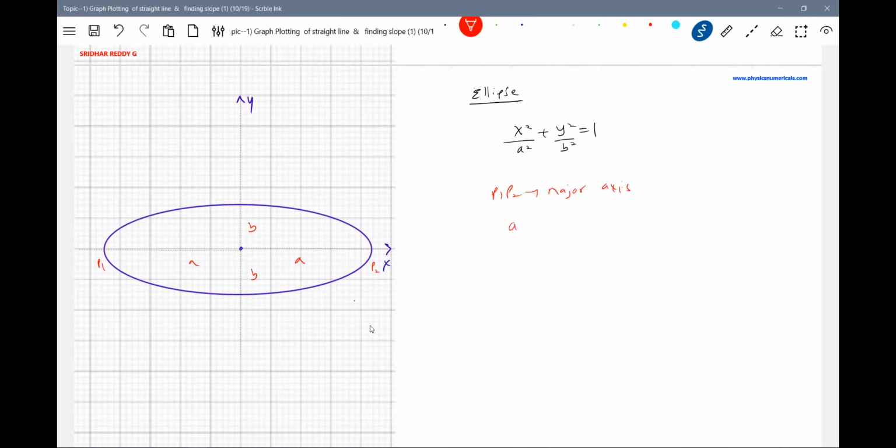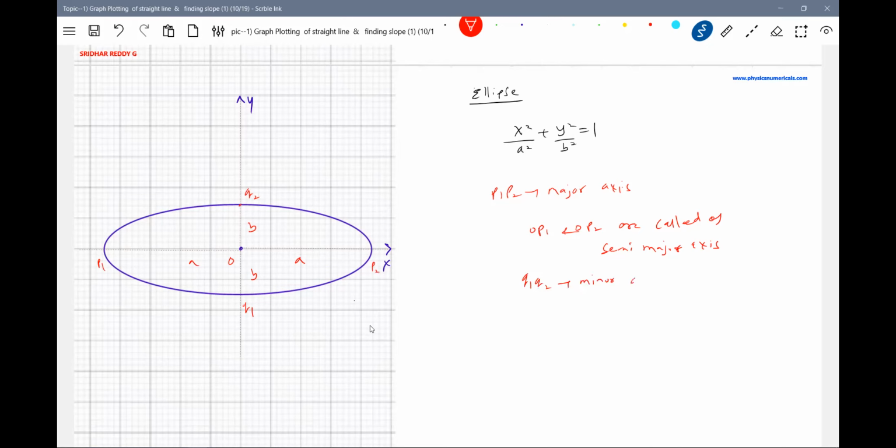And O, and P1O or OP1 or OP2 is called the semi-major axis. Very simple it is. Then Q1, Q2, let me indicate. So Q1Q2 is called the minor axis.